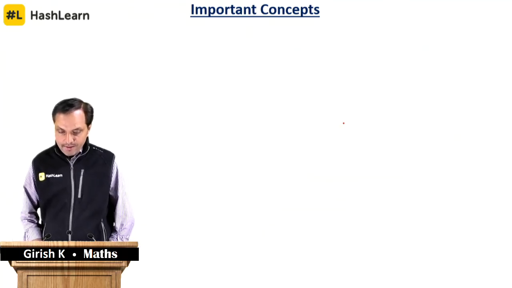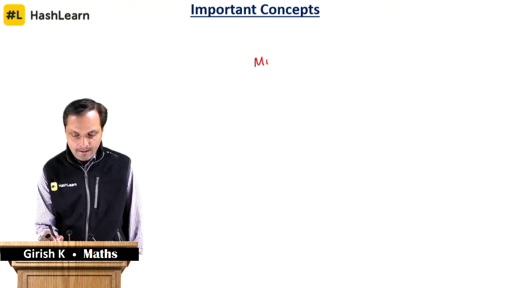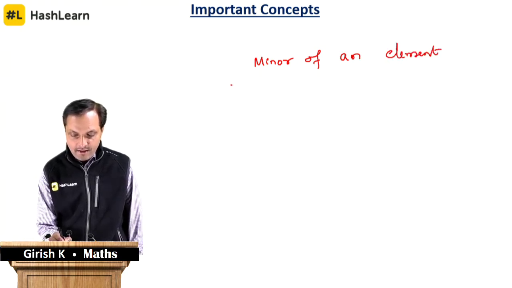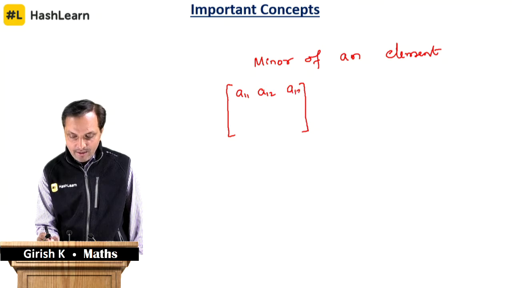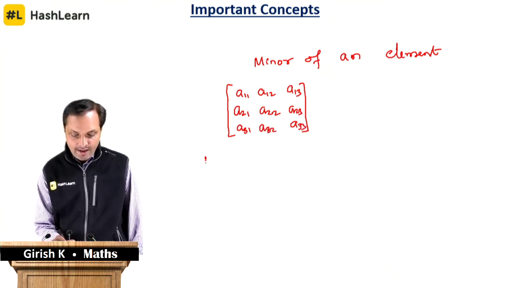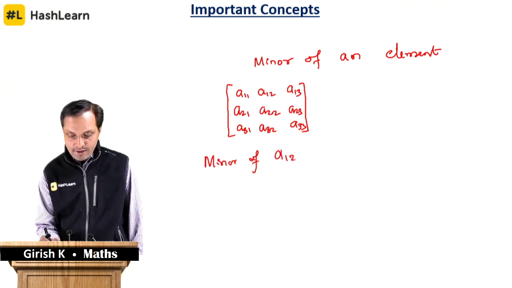Then you have certain concepts called minors and cofactors. Minor of an element. What is the minor of an element? Suppose there is a matrix like this: A11, A12, A13, A21, A22, A23, A31, A32, A33. What is the minor of A12?